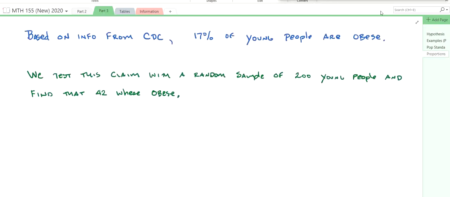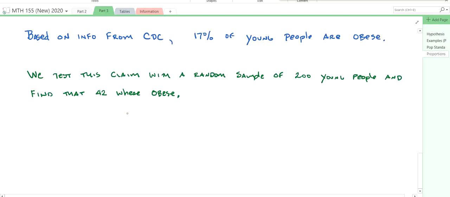Okay, here's our problem. Based on info from the Center for Disease Control, 17% of young people are obese. Well, we want to test that claim. So we get a random sample of 200 young people, and we find that 42 were obese in our random sample. So let's go ahead and set up some of our parameters here in statistics.